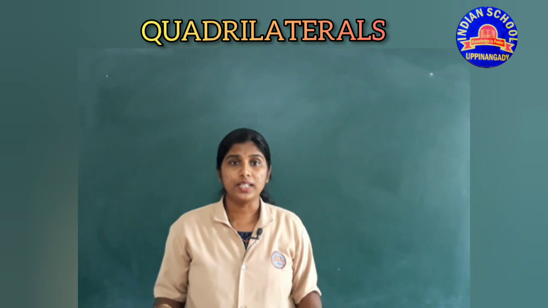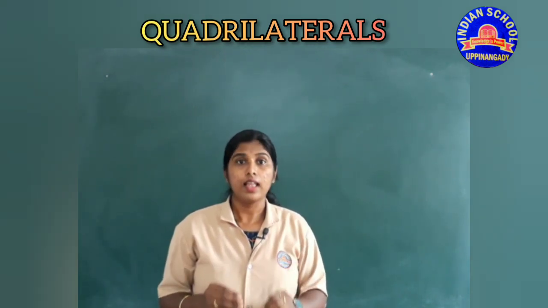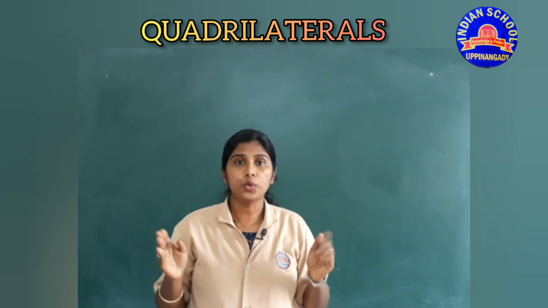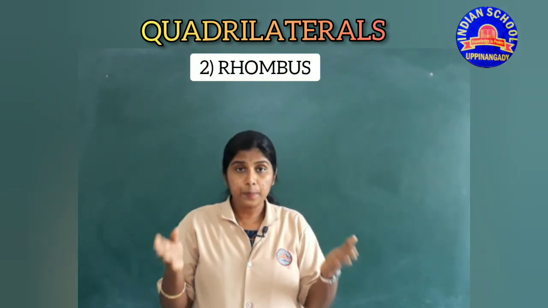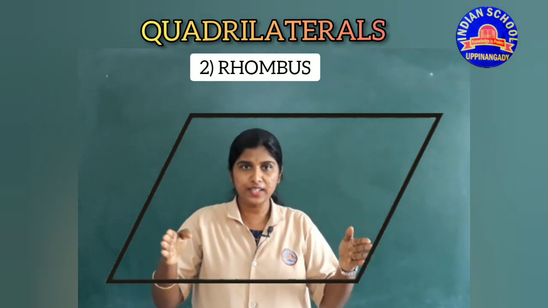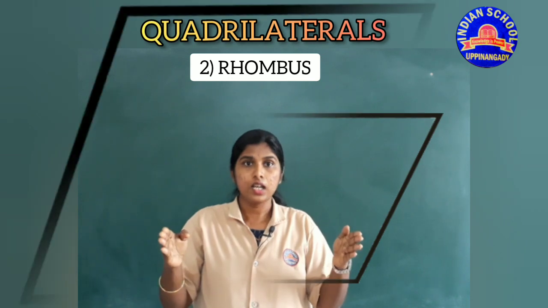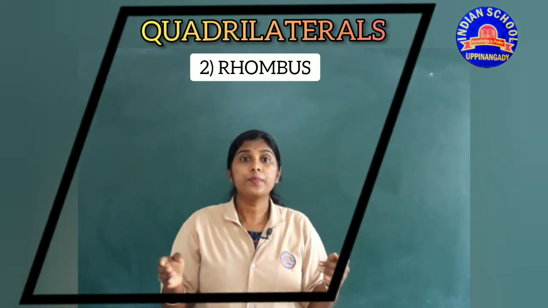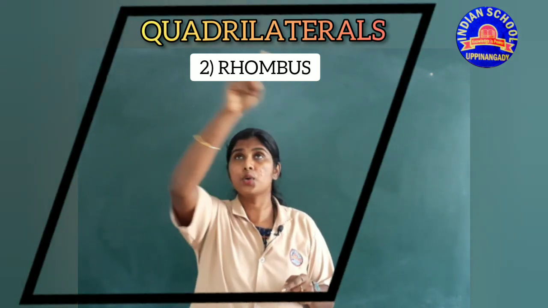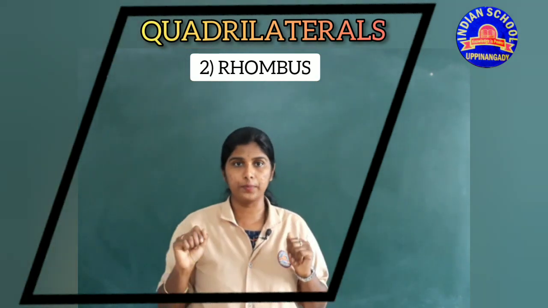Now we will move on to the next type of quadrilateral, that is a rhombus. Consider a parallelogram. If I make a slight modification in terms of its sides, then it becomes a rhombus. In a rhombus, all four sides are equal.